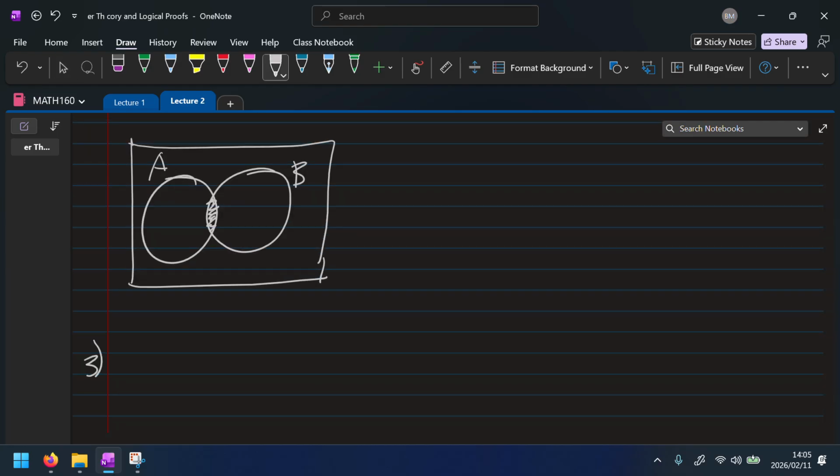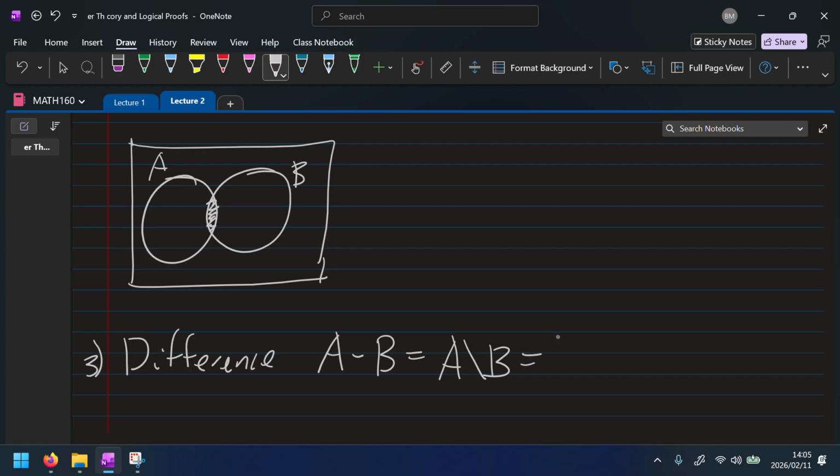Number 3, the set difference. We write this as A minus B. Sometimes you'll see this as A backslash B. It means the same thing, just different notations. This is equal to, again, it looks very similar to the other ones, but please take note of the differences.